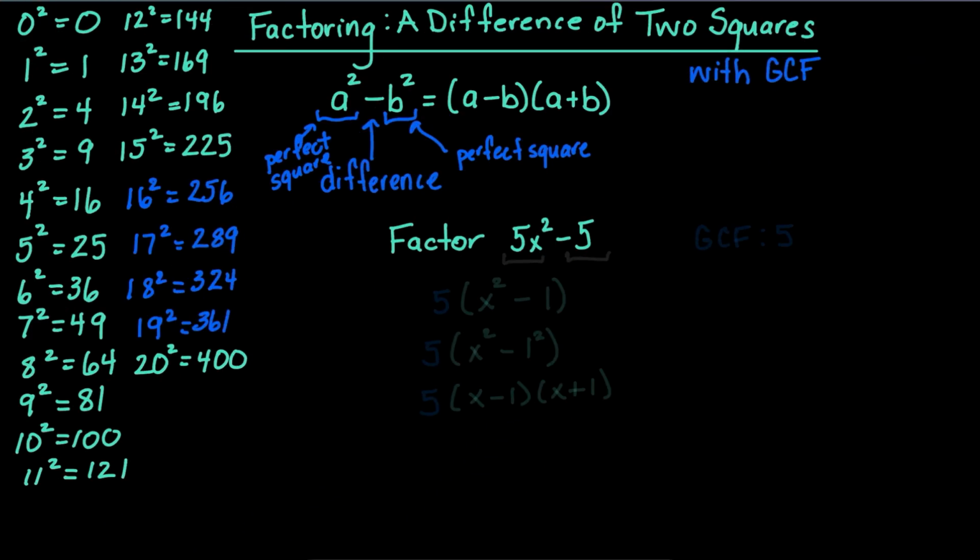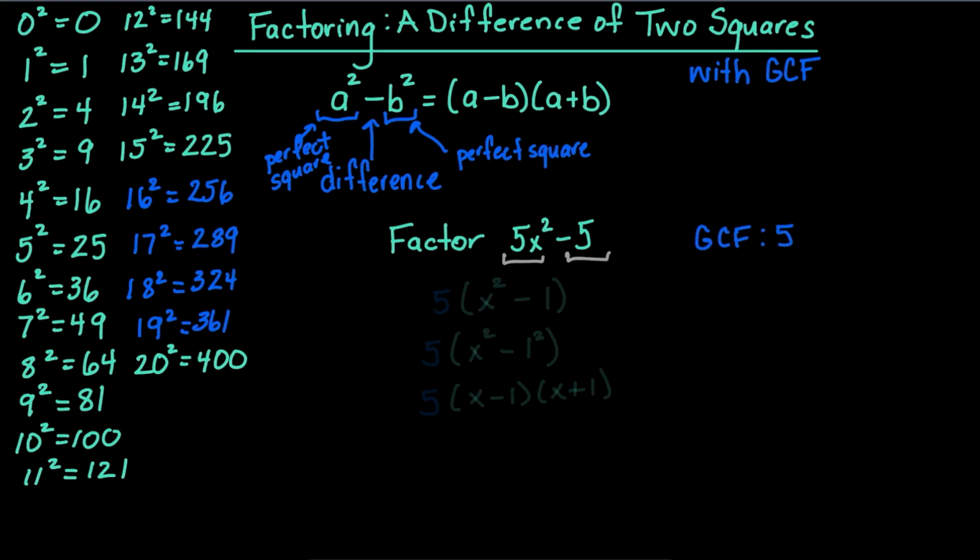Now we're going to step up the problems just a bit. We're still working with a difference of two squares, but now a GCF is required to factor out first. So now I'm asked to factor 5x squared minus 5. Again, binomial, I have two terms, but I notice both of my terms have a common factor of 5.